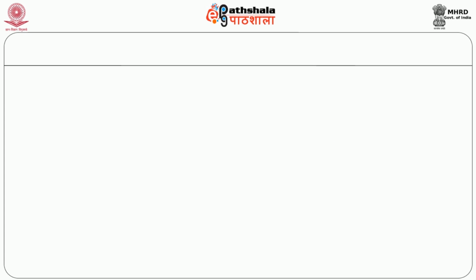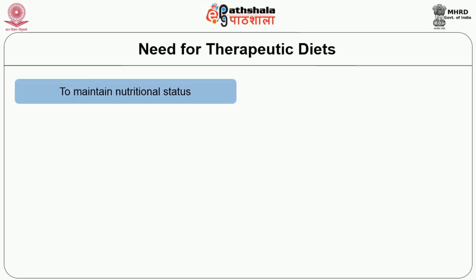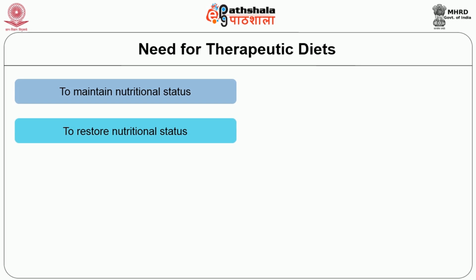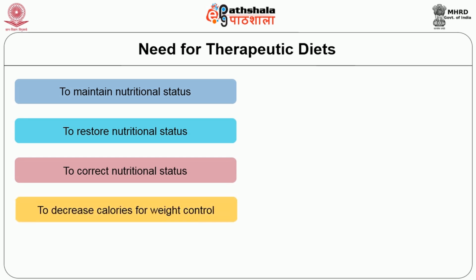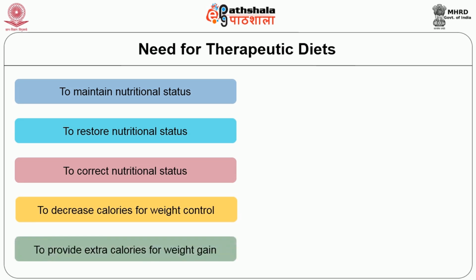Now, if we look into the need for these therapeutic diets, they play a crucial and vital role to maintain the nutritional status of the person, to restore the nutritional status, to correct nutritional deficiencies, to decrease the calories for weight control, and to provide extra calories for weight gain.